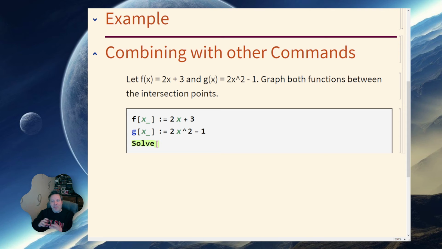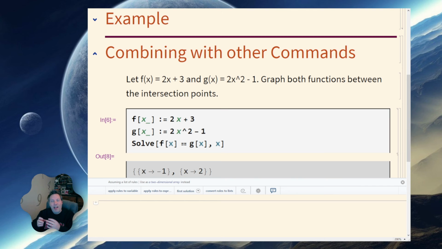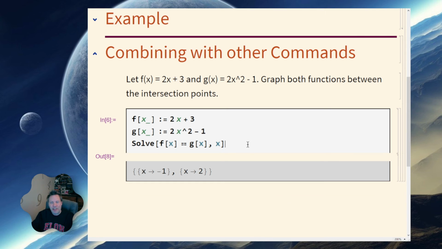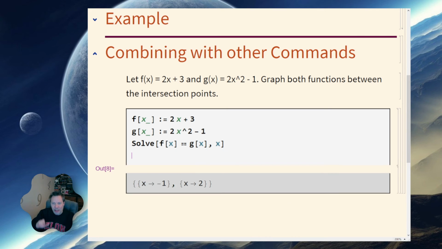Now, instead of retyping in 2x plus 3 double equals 2x squared minus 1, I can type in f of x double equals g of x and tell Mathematica what the variable is. I'm going to evaluate this now, and my intersection points are -1 and 2. So that's really helpful.